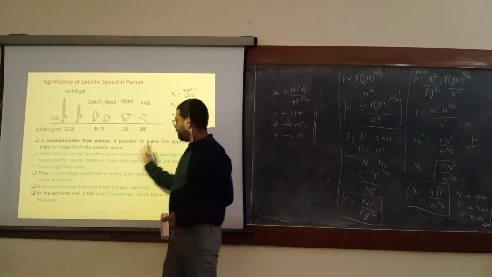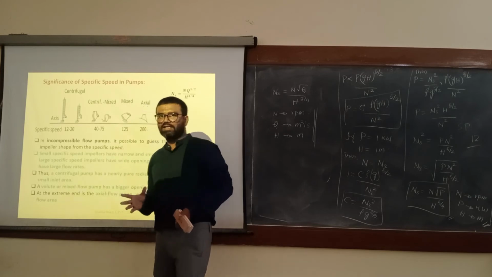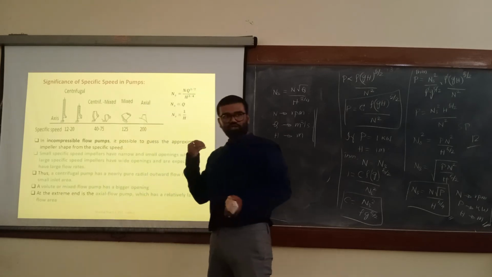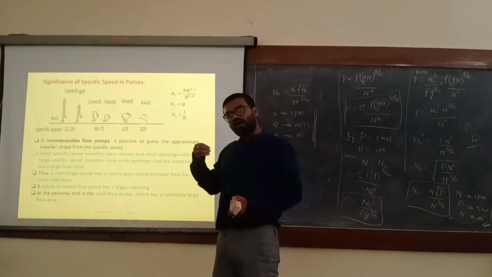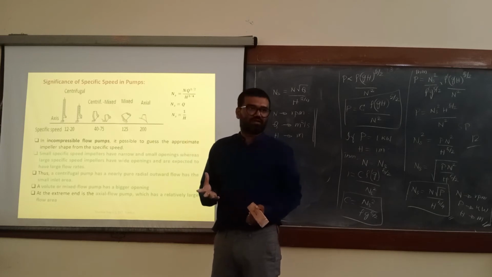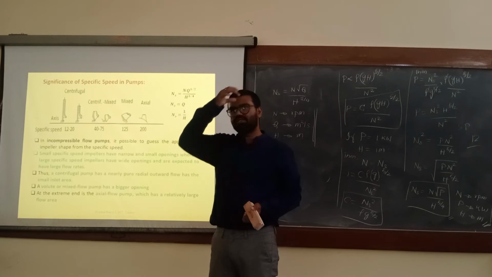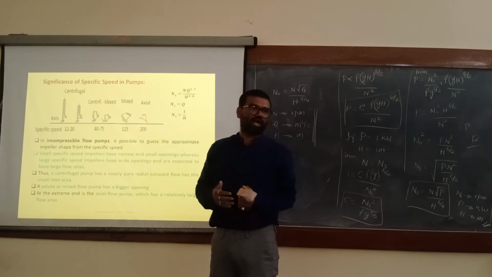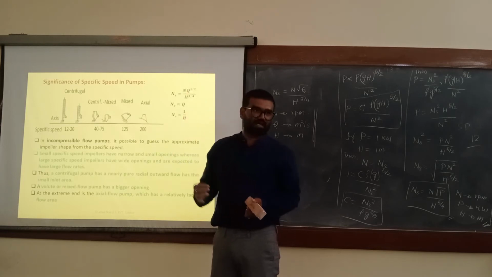That means if you have a site condition where you need to produce more discharge, but you are not bothered about the head produced, head produced means to what vertical height you have to pump the water.